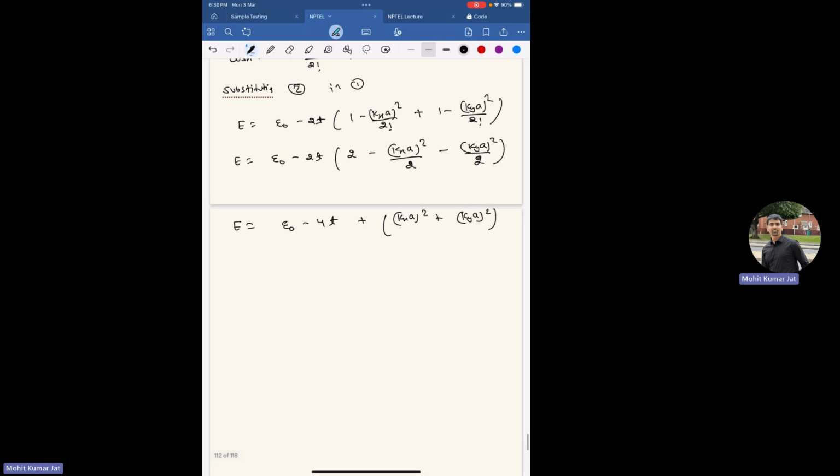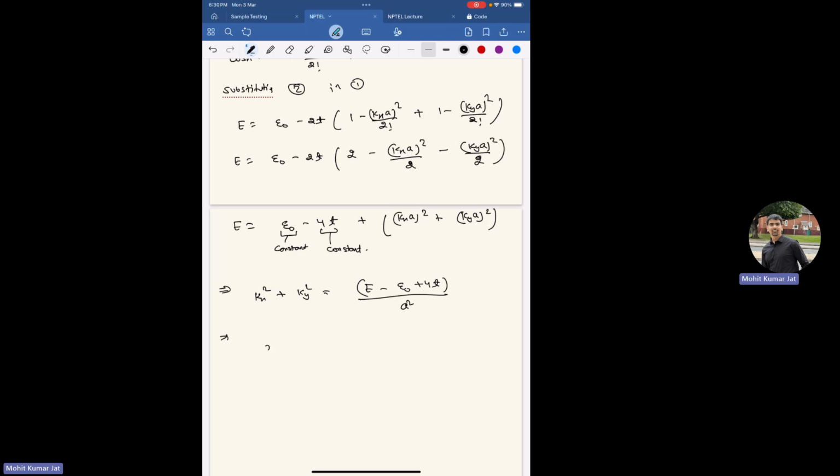Right? Now, E0 is a constant, and 4t is also a constant because the hopping parameter is a constant. So I can write it as a squared times (kx squared plus ky squared) equals E minus E0 plus 4t, divided by t.